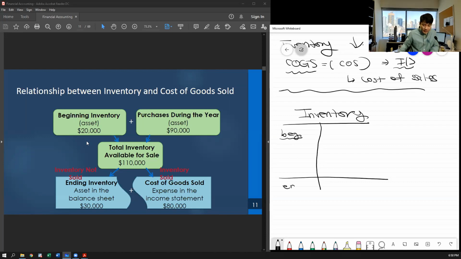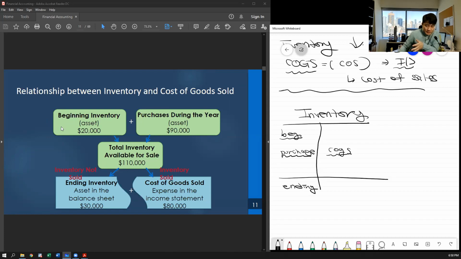There will be an ending balance for inventory. Now, if you purchased inventory during this year, you are going to be recording this purchase in the inventory that will increase your balance of inventory. And at the same time, on the other side or the right side of inventory, you will be recording the cost of goods sold. As you are selling your inventory, you are going to be recording this cost of goods sold on the credit side or the right side of the T account. That's basically what this is.